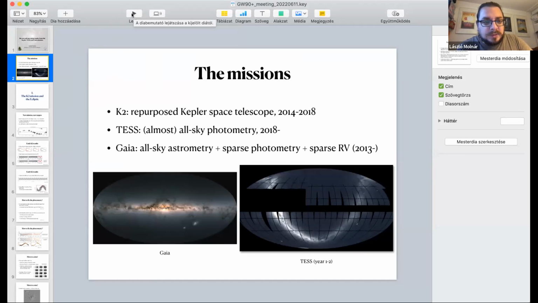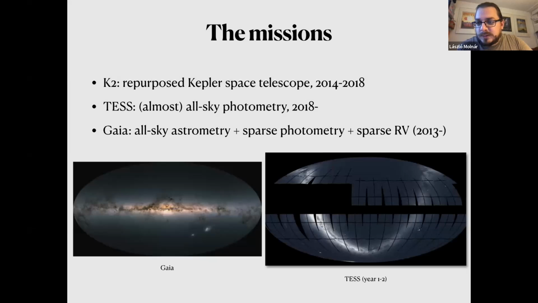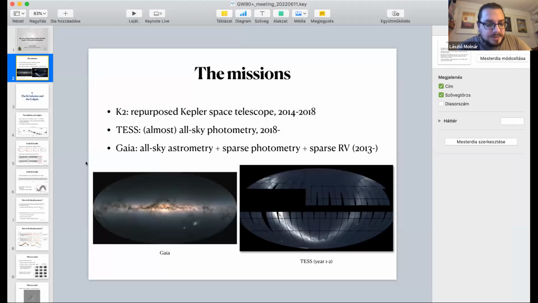Let's try this again. No, it's still not changing the slides. All right. I will switch to the PDF then. It sometimes happens with Keynote, unfortunately.